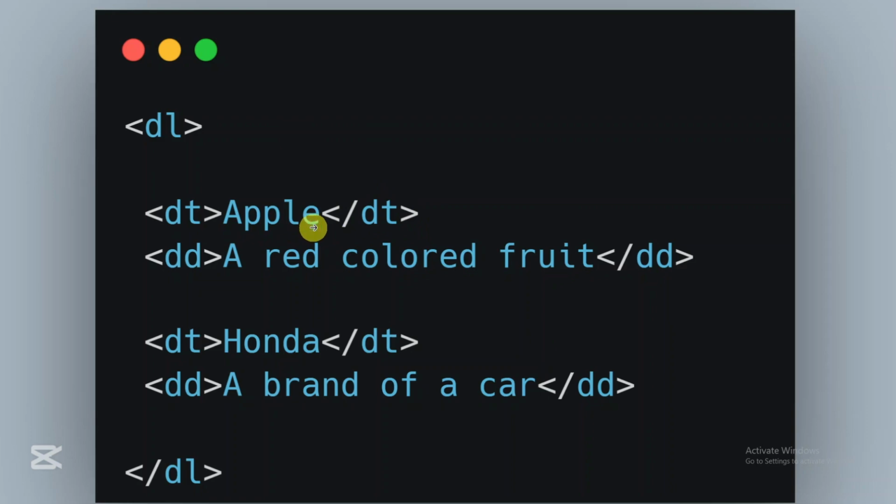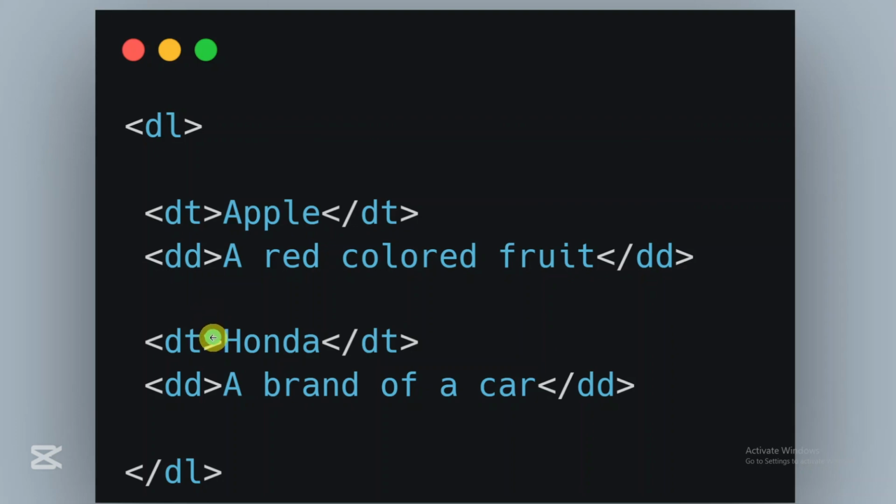Next, you should have the description. So it needs to have a DD element. So we start with our opening DD, our closing DD. Inside this opening and closing tag, we'll have the description of the term. In the next illustration, we want to define the term Honda and then give a description for it.